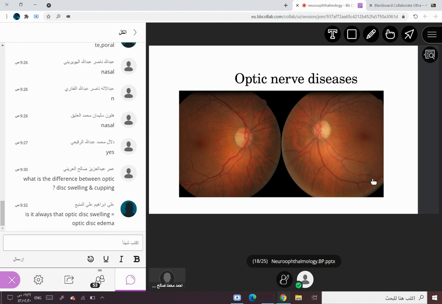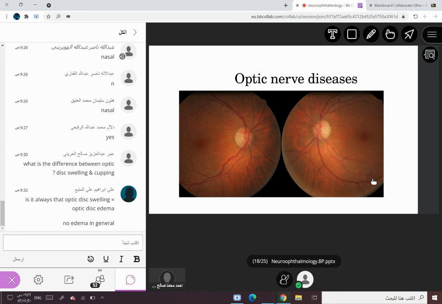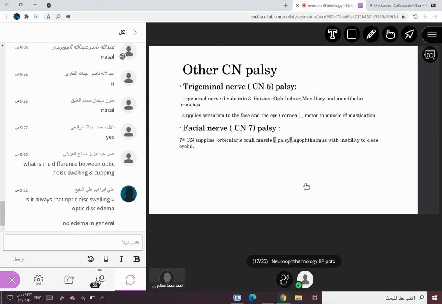Is it always optic disc swelling? No. Optic disc swelling means optic disc edema? You mean papilledema? Do you mean papilledema, Ali? I didn't get the question.